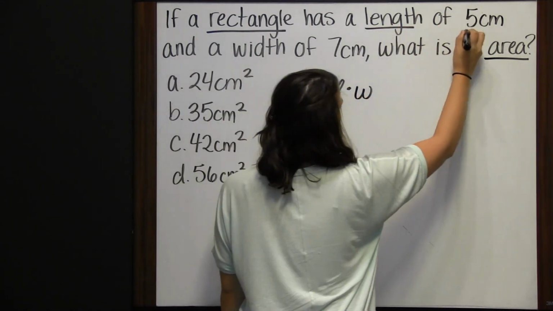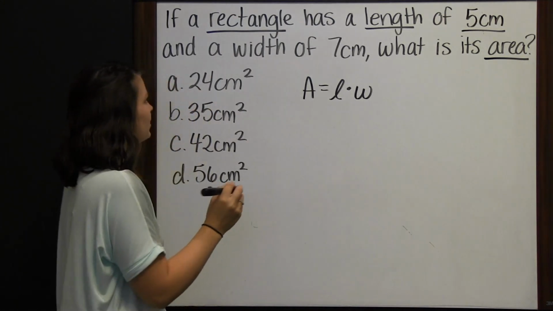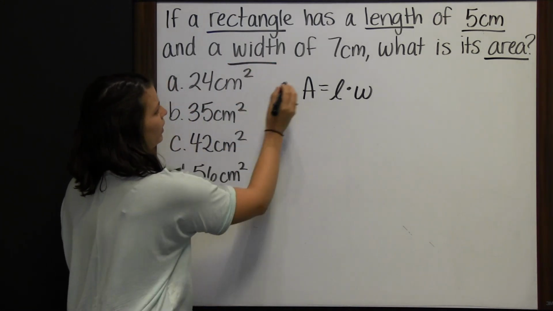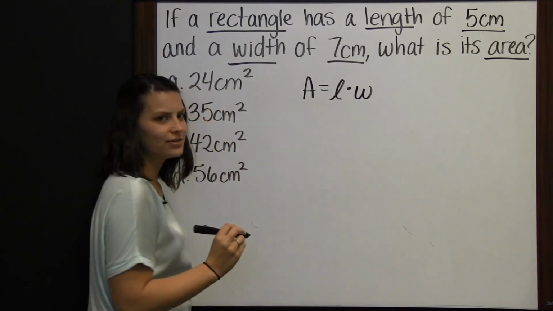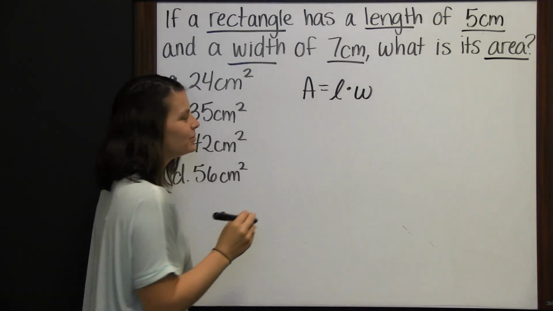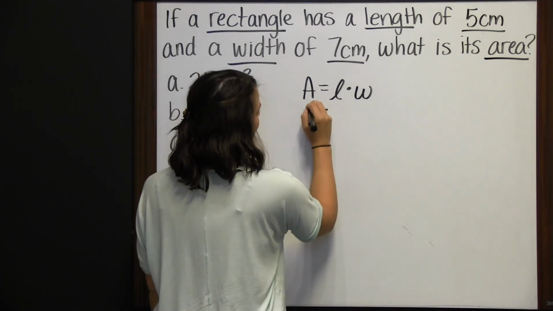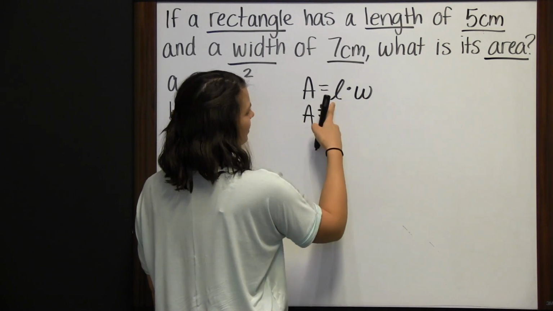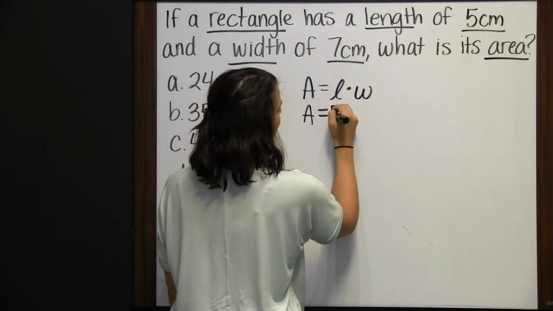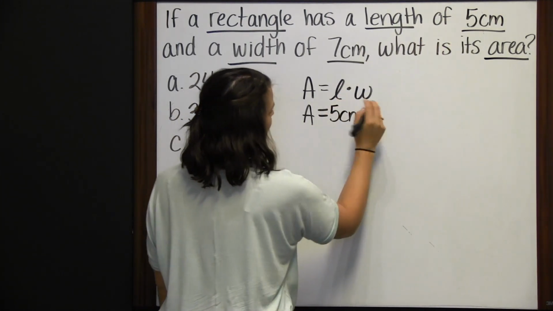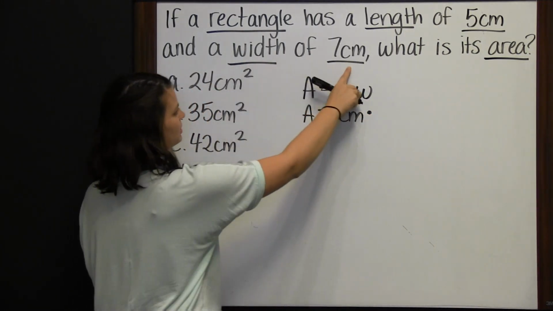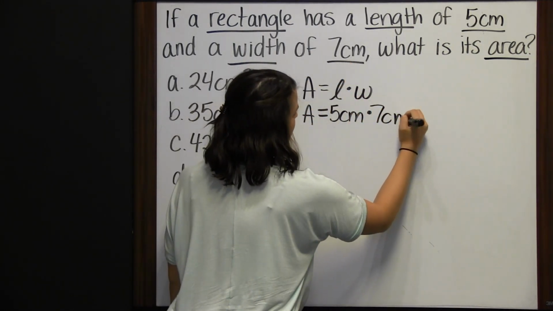And we were given the length, 5 centimeters, and we were given the width, 7 centimeters. So all we have to do is substitute and solve. The area is, length is 5 centimeters, times the width, which is 7 centimeters.